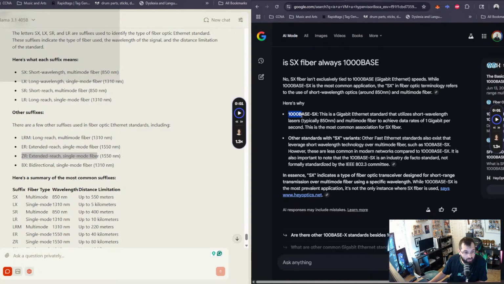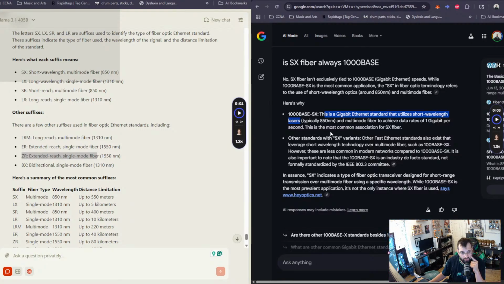See here, 1,000 base is a gigabit Ethernet standard utilized in short wavelength forms. What does the Z mean again? Okay. And multi-mode fiber to achieve data rates of 1 gigabit per second.